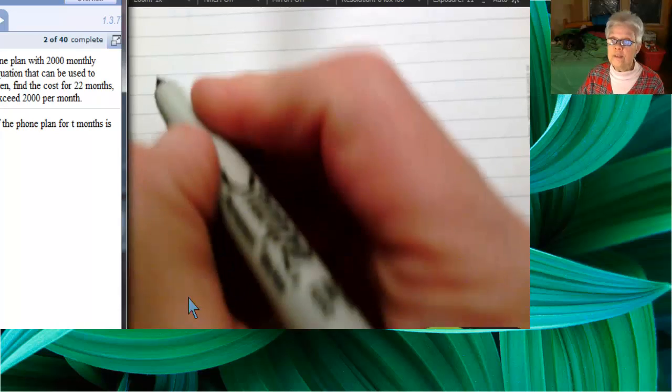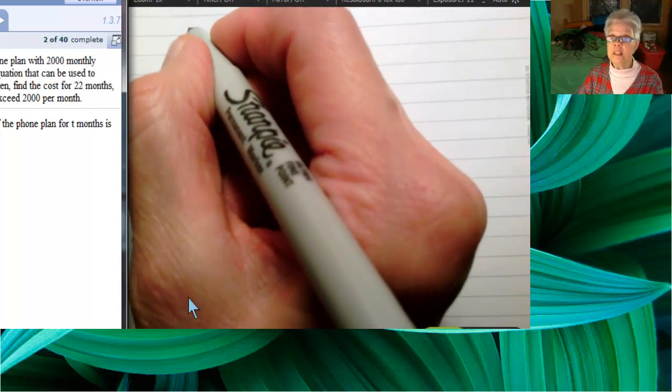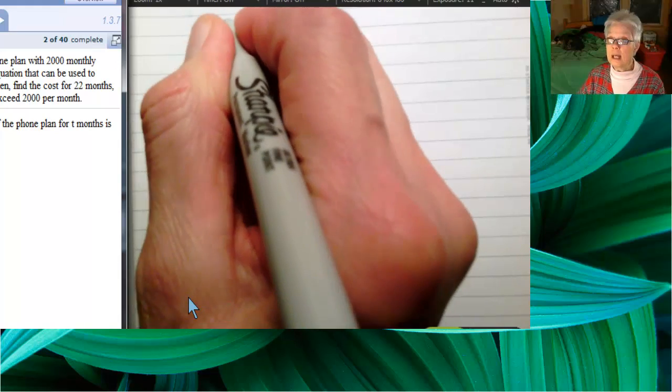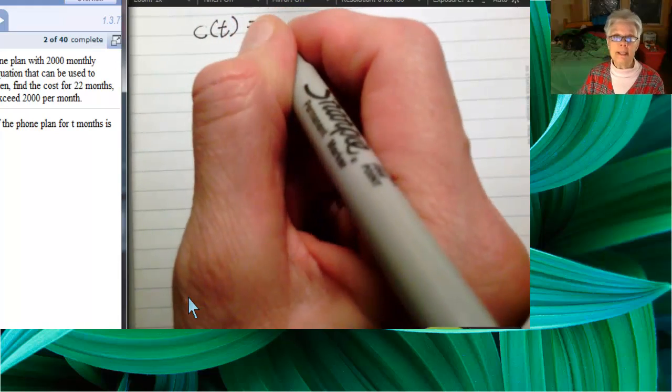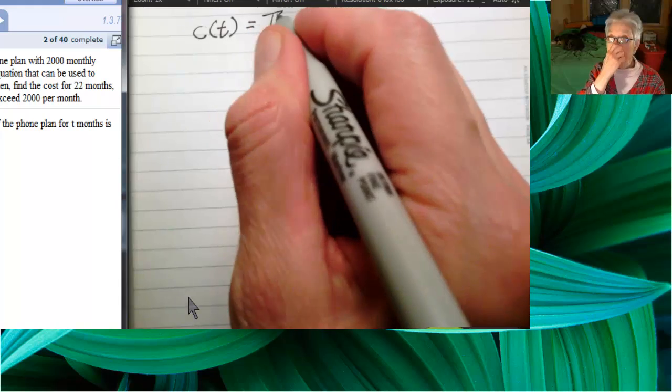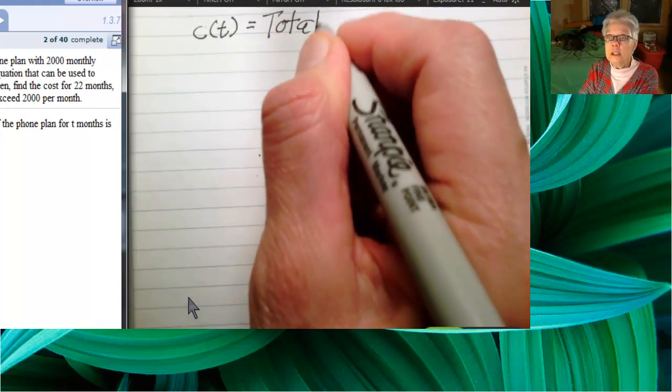So we're looking for something that costs a one-time fee of $81 and then a monthly charge of $118.98. And that is what the total charge is going to be.